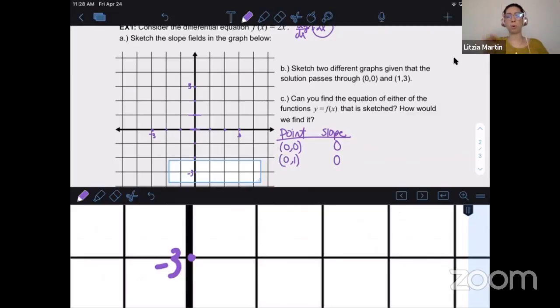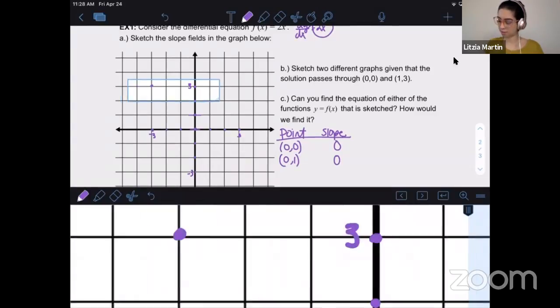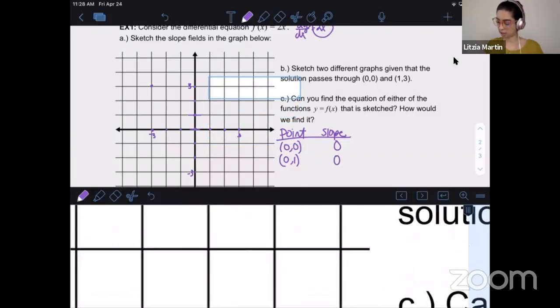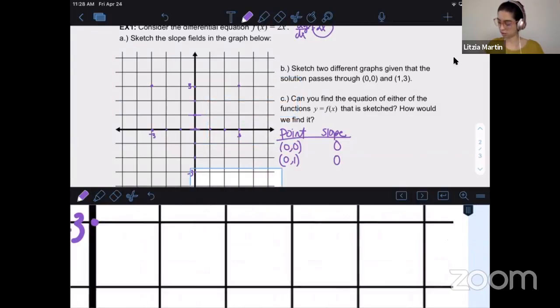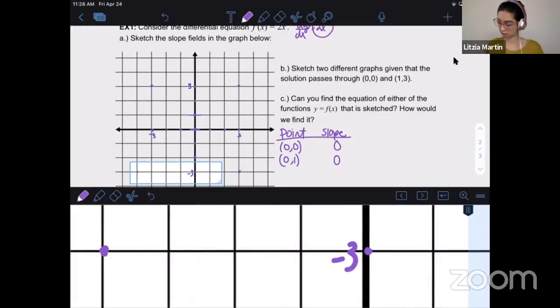So we're going to do all of those points, and then all the points in between. We're going to go out as far as (-3, 3), (3, 3), (3, -3), and (-3, -3), and all the points in between.